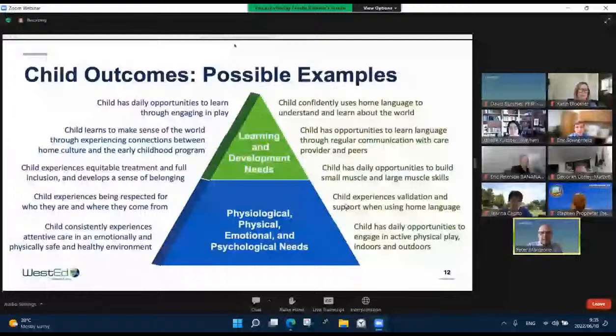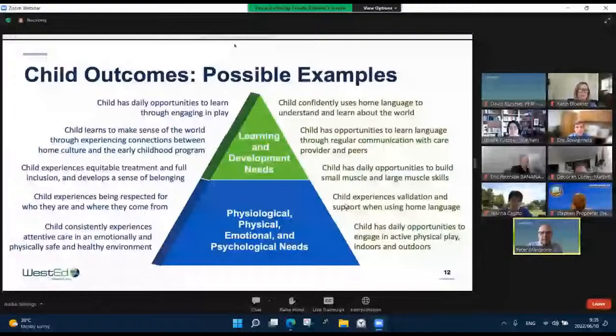Is the child learning to make sense of the world using all the knowledge and experience the child has? So are there connections between the home culture experience and what the child is experiencing in the early childhood program? And is the child experiencing those connections and able to use them? This is an outcome for the child, able to use them to make sense of the world.